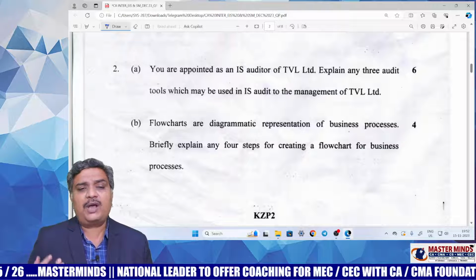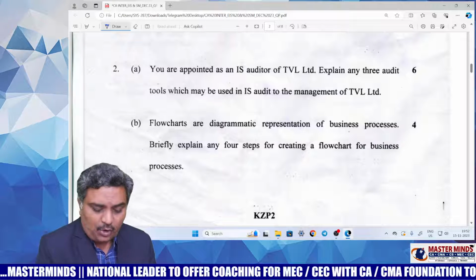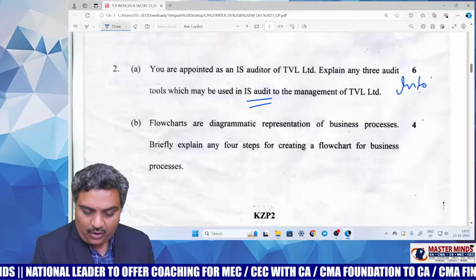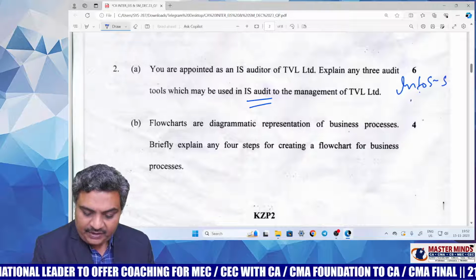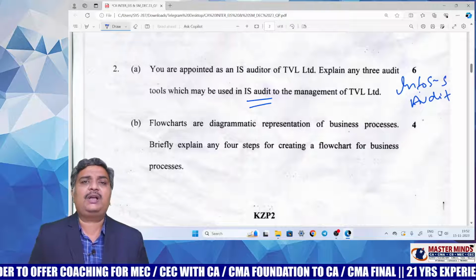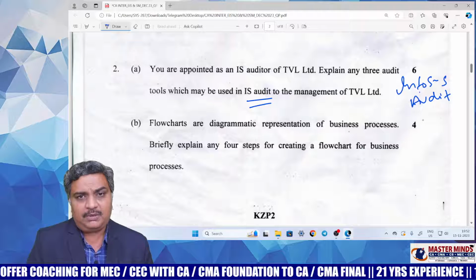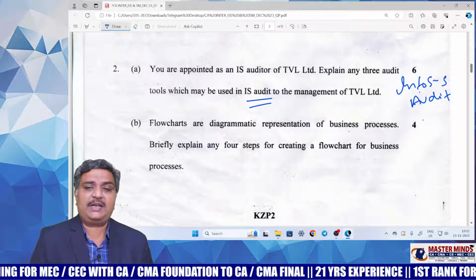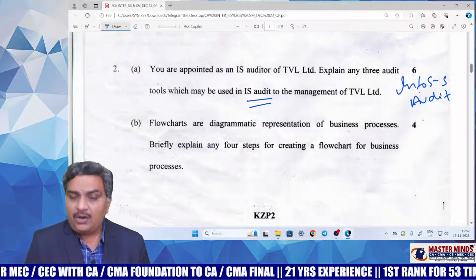Likewise, you have these information system audit tools, so you can write these. This is a very important question that you should definitely expect while you are appearing for the examination from information system audit.